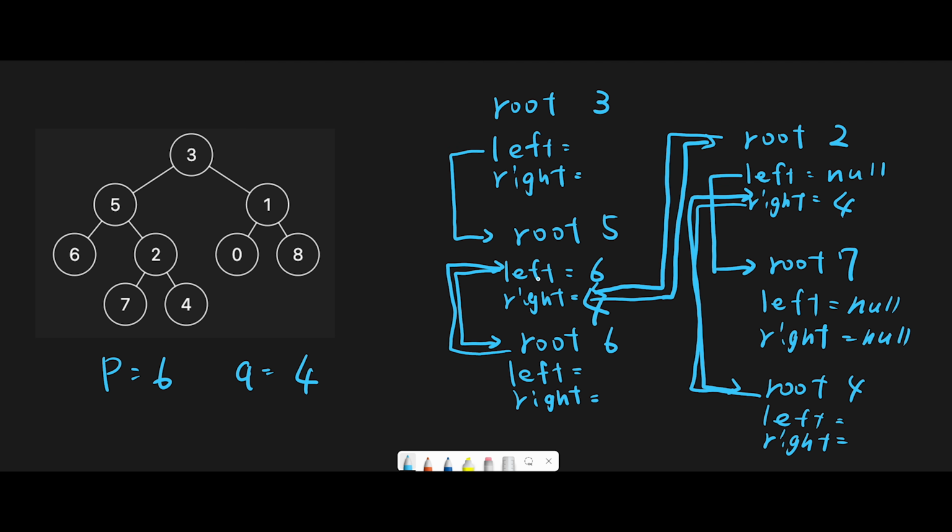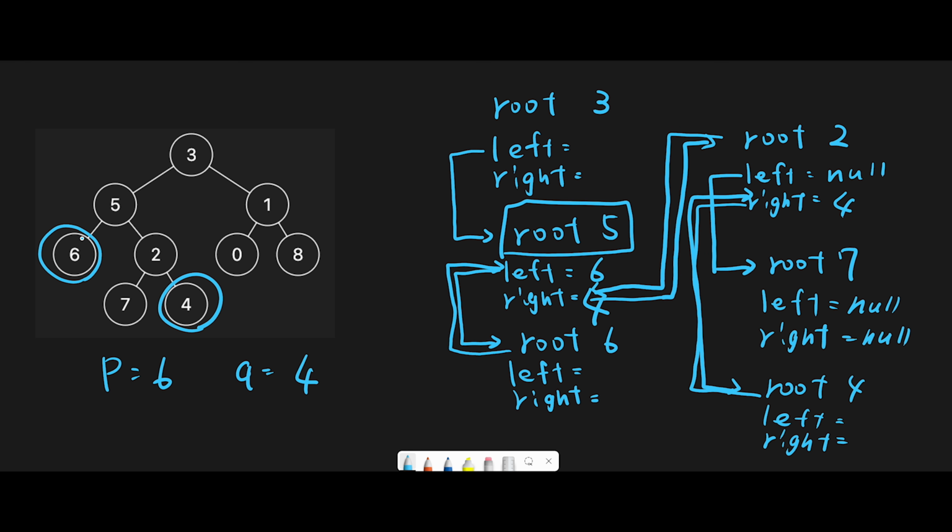And now look at root 5. Left is 6 and the right is 4. So both are target nodes, right? P is 6 and Q is 4. So that's why the current root node is definitely the lowest common ancestor. So we should return root 5. So the left side is 6 here, and the right side is 4.